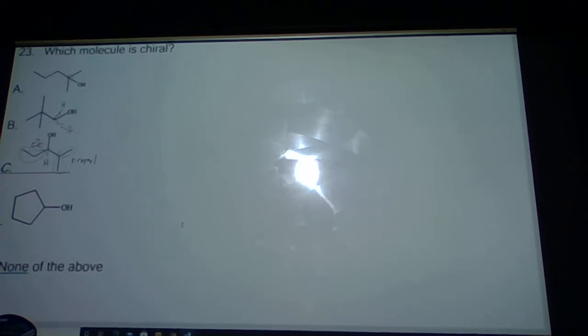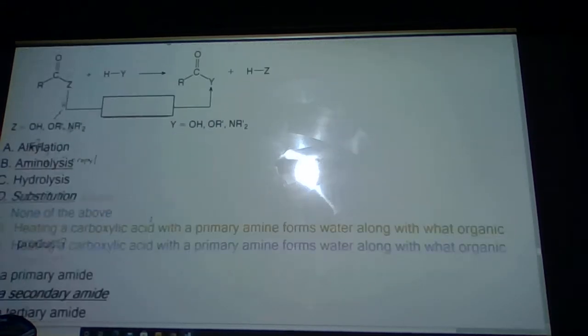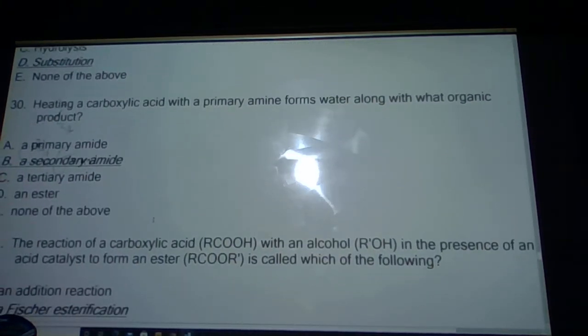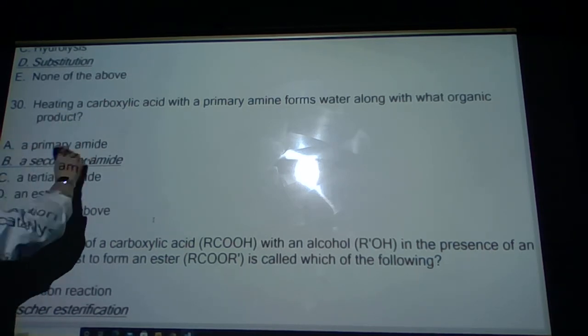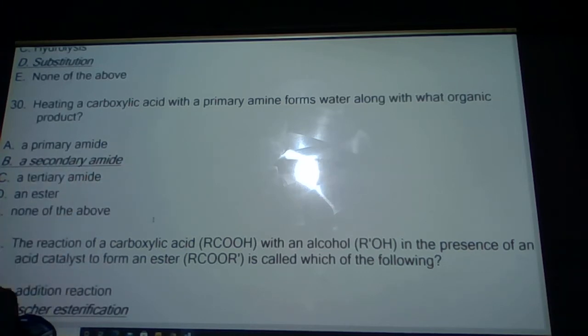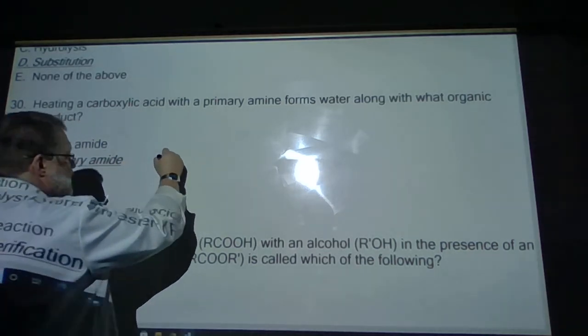Number 30. Heating a carboxylic acid with a primary amine forms water along with what product? So, carboxylic acid.